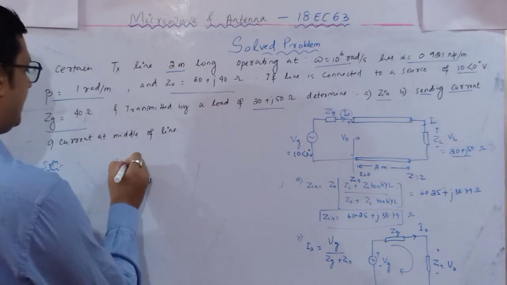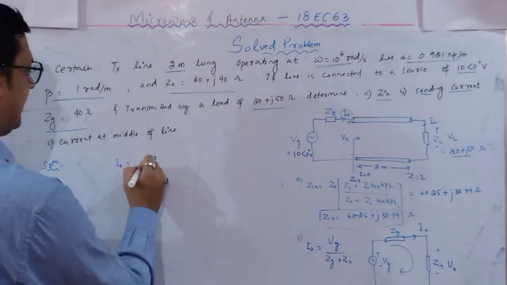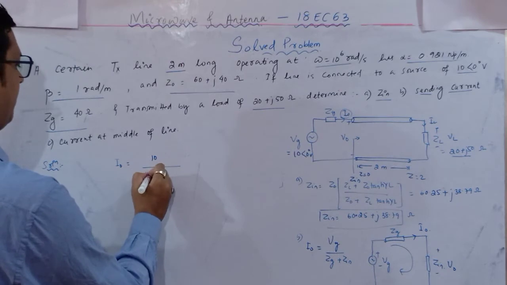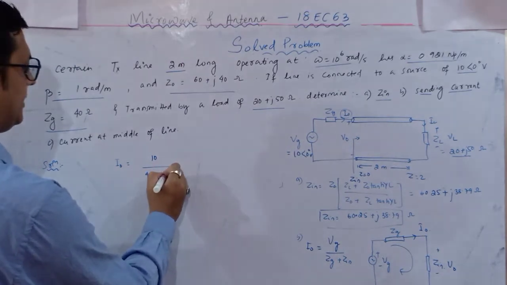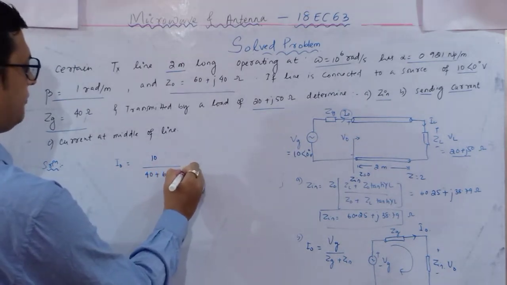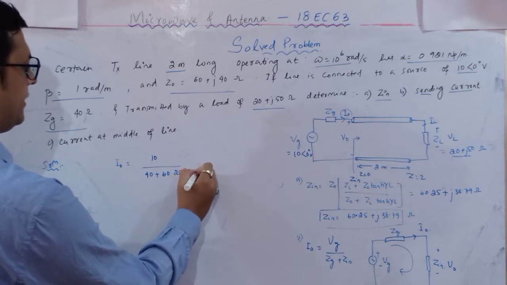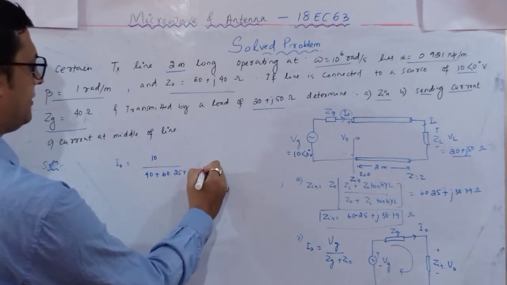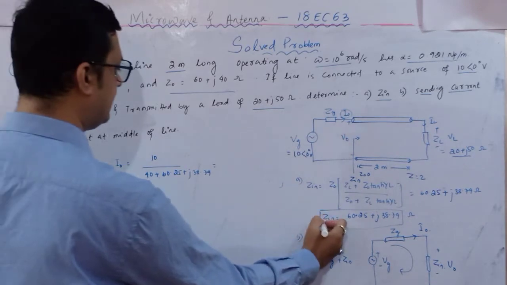If I substitute all these values, my sending current I0 is 10 divided by 40 plus 60.25 + j38.79, which is this Zin.